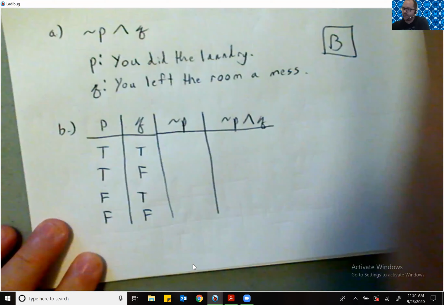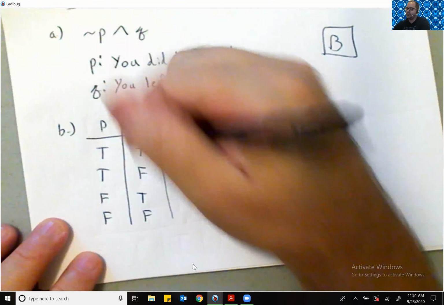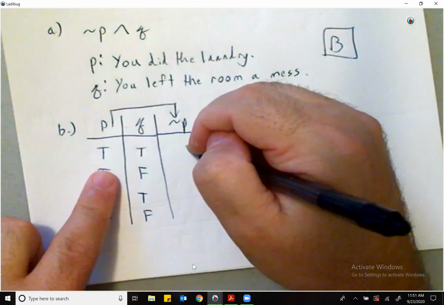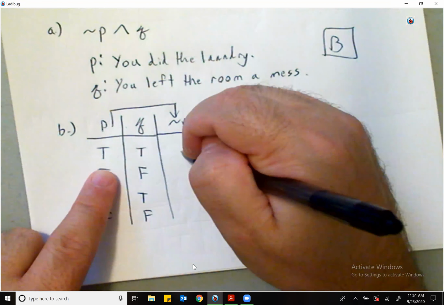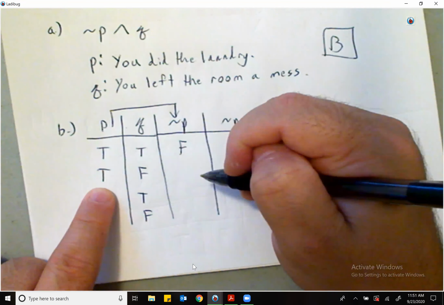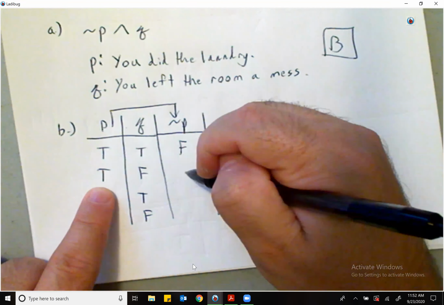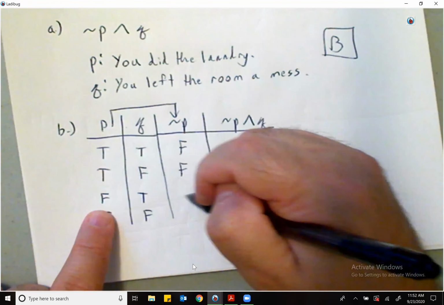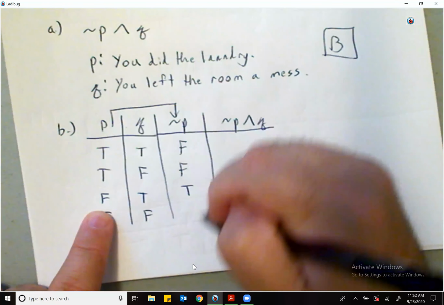So we're going to use the P column to help us out. So you said put what here? False. Yep. Then false. Yep. Next. True. Perfect. Next. And then true.